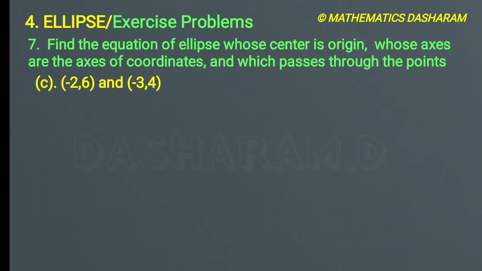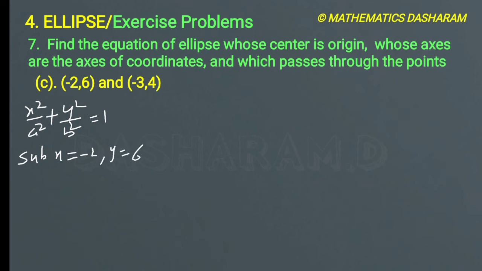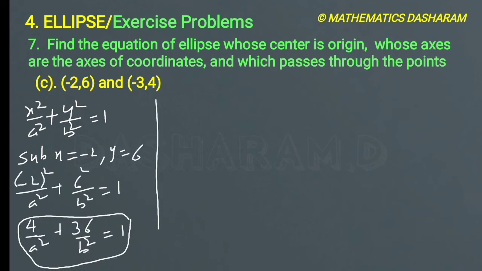Question number C, minus 2 comma 6 and minus 3 comma 4. Let's take the standard form of ellipse, that is x square by a square plus y square by b square equals to 1. Substitute the first point, that is x equals to minus 2, y equals to 6. So next substitute second point, x equals to minus 3, y equals to 4.